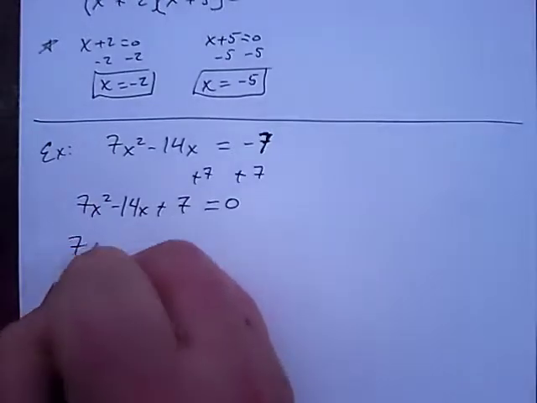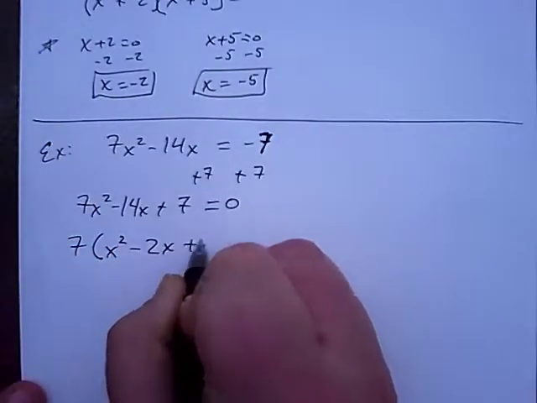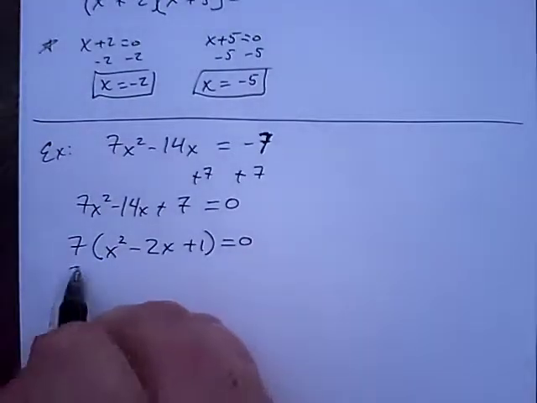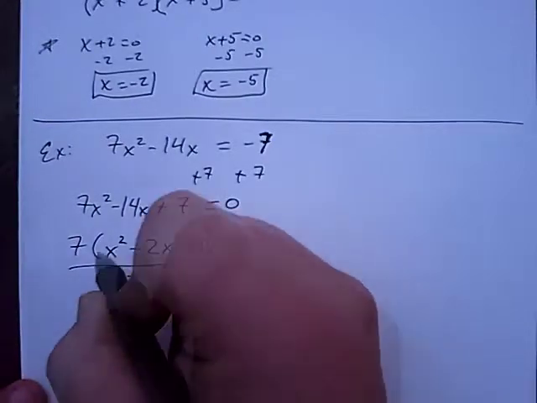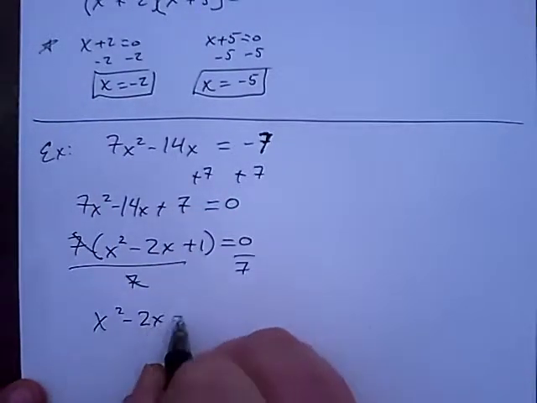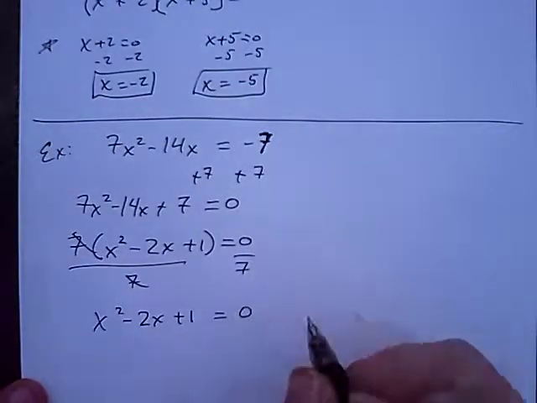I could drag a 7 out front, and then I'd be left with x squared minus 2x plus 1. Then if I divide the 7 on both sides, I'm left with x squared minus 2x plus 1 equals 0, and 0 divided by 7 will still give you 0.